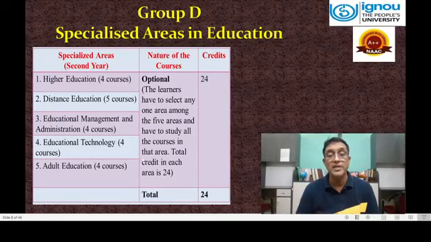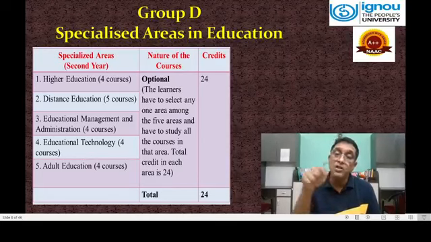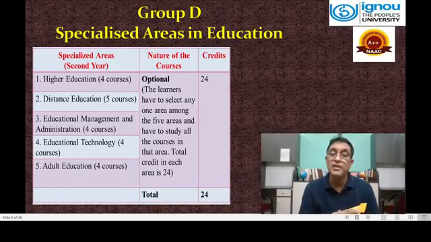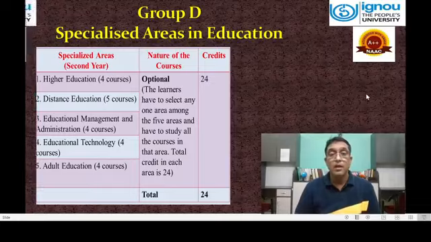You will find 4 or 5 courses in one area, and if you add up the credits of the courses in a single area, you get 24 credits that you have to study in one area, all the courses.